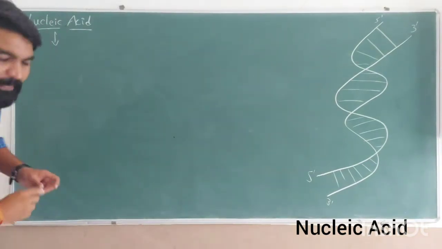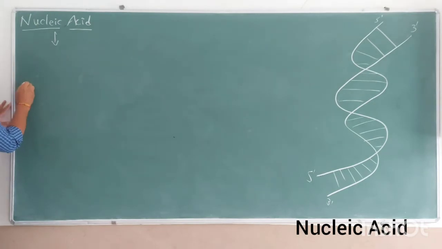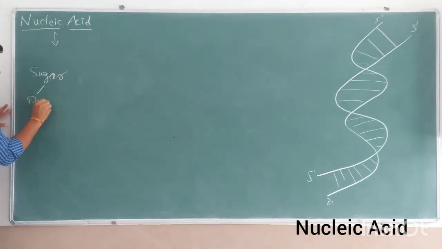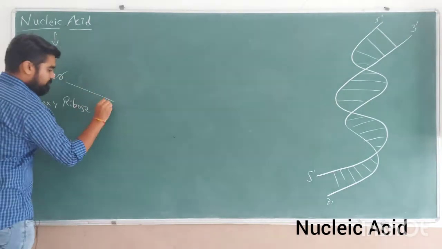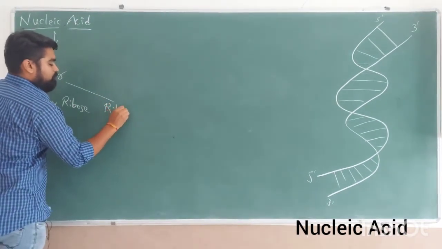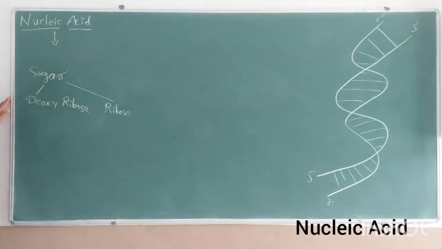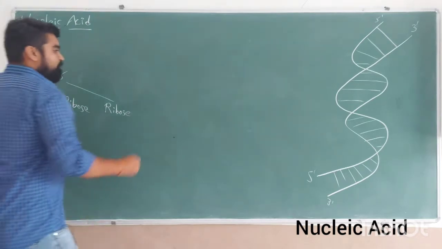Now if we talk about pentose sugar, there are two kinds of pentose sugar: deoxyribose sugar or ribose sugar. One oxygen atom will be less in the case of deoxyribose sugar.